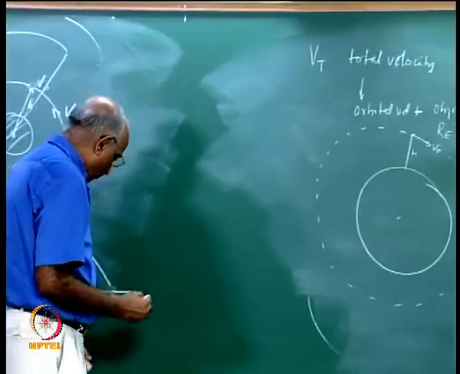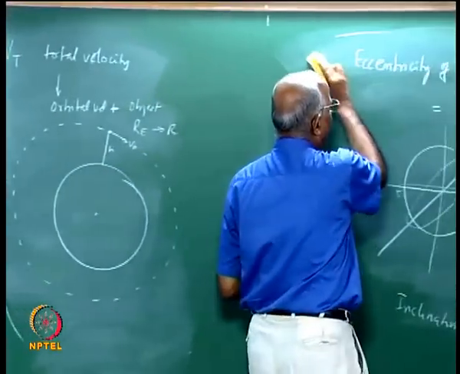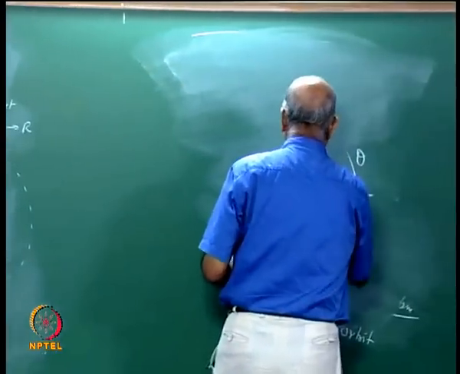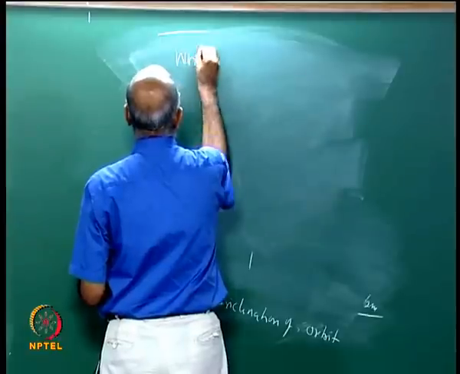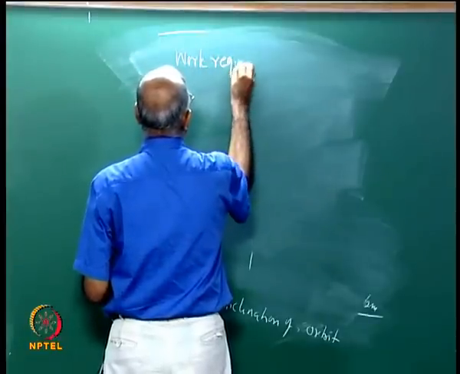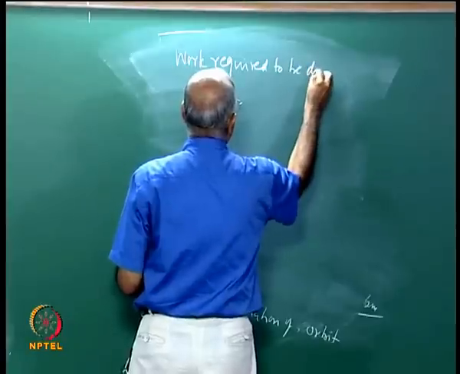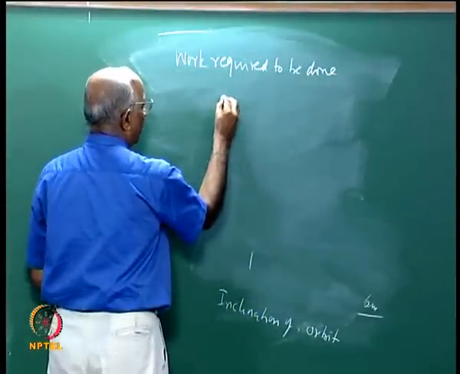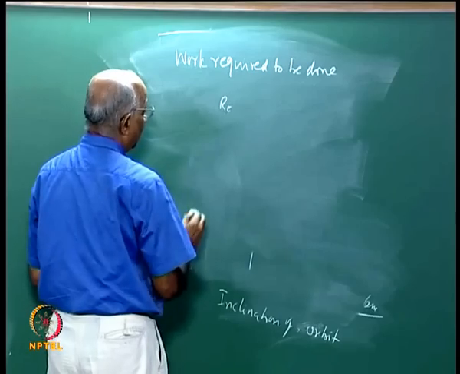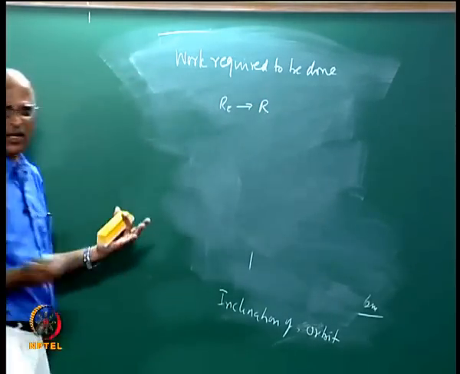We talk in terms of the universal law of gravitation. We ask ourselves, what is the work required to be done to increase the height of the spacecraft, or to take the spacecraft or the object from RE to R. Let us consider the earth.